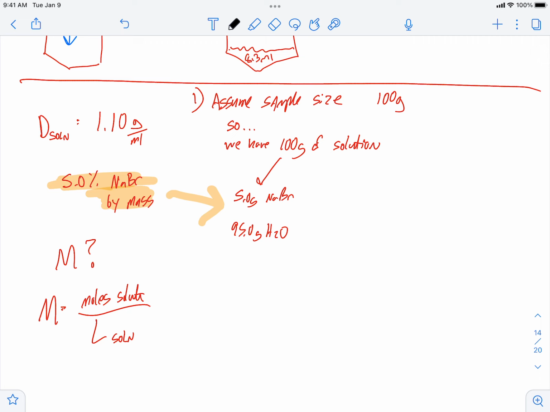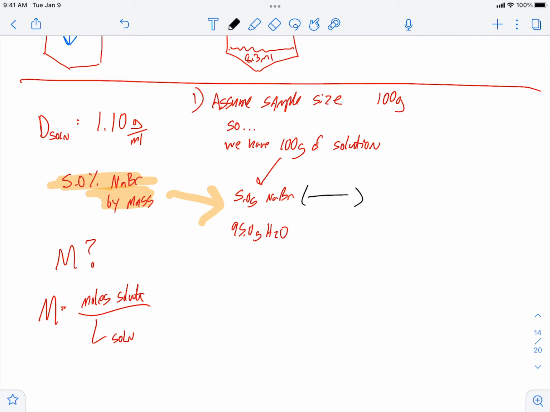The moles or the volume? The moles of the solute? What's the solute? Is it the NaBr or is it the water? It's the NaBr. What do I know about the NaBr? There's 5 grams of it. Can't I turn grams into moles? Sure can.